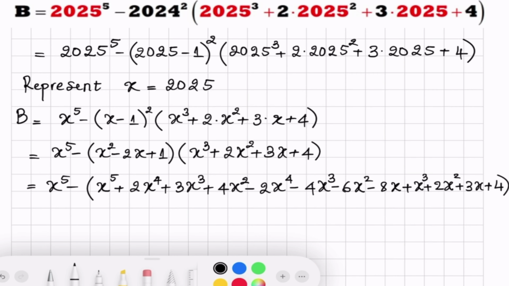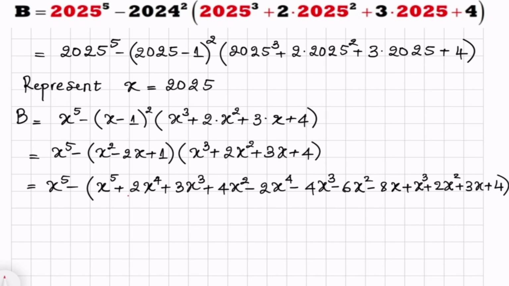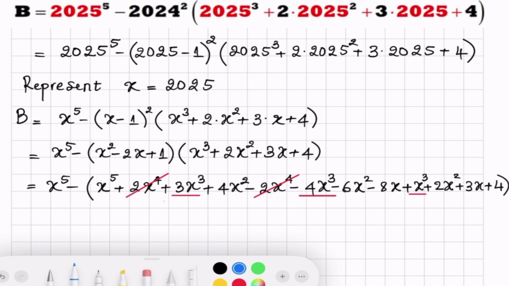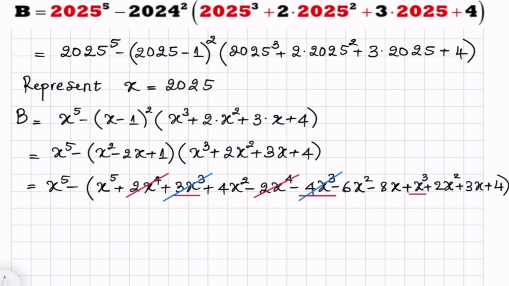Okay, now let's check the terms. So we got 2x to the power 4 and then minus 2x to the power 4. We can cancel it out. Okay, and then here we got 3x cubed and here is another x cubed, that will be 4x cubed. When we minus 4x cubed, then that will be cancelled out as well. Okay, so let me draw this to make sure it's all cancelled out.